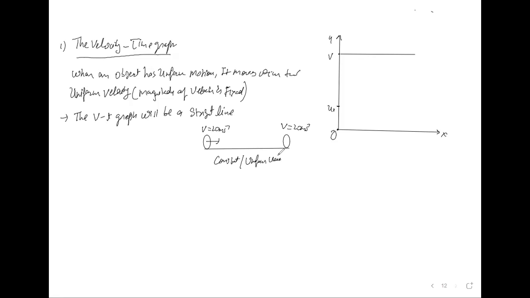Sir, we have written that when an object has uniform motion, it moves with uniform velocity. But it's not mandatory that the body will be moving with uniform velocity. For example, if you're driving through a traffic jam, it is quite obvious that the velocity will change.